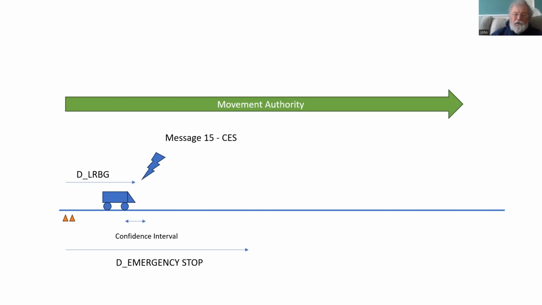The train, on receiving message 15, compares D emergency stop with its distance from the LRBG, D LRBG, and takes account of the confidence interval. The test is based on: has the min safe front end passed the emergency stop location? In this case, it hasn't, so the CES will be accepted and a message is sent back to the trackside, message 147, to report that fact.